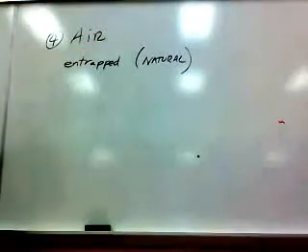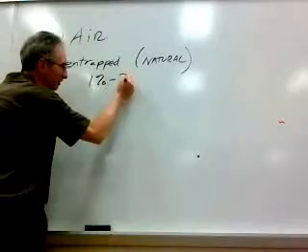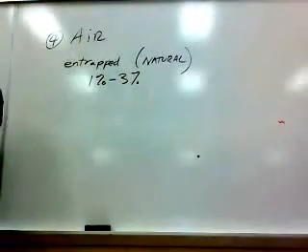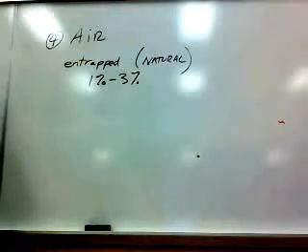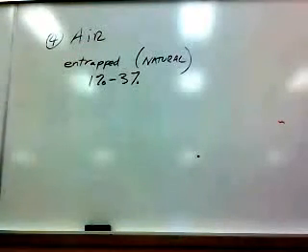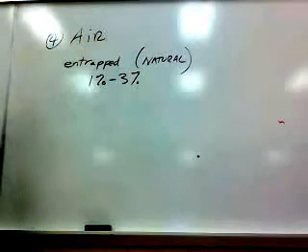That entrapped air, by volume, would be relatively small. It would probably be between 1 and 3%, depending upon the aggregate size. 3% would be a lot. I think for most mixes, you'd probably be down around 2%. But 1 to 3% we'll say.